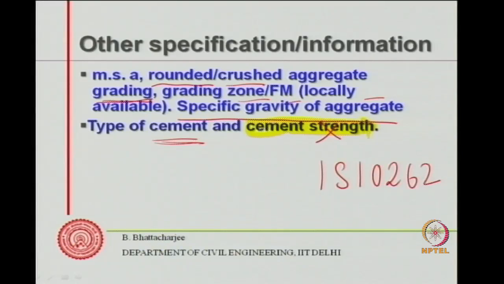That becomes an important issue. Anyway, a type of cement may be specified, because this is what you would be using. So if you have to do a trial casting, you have to use that particular type of cement.